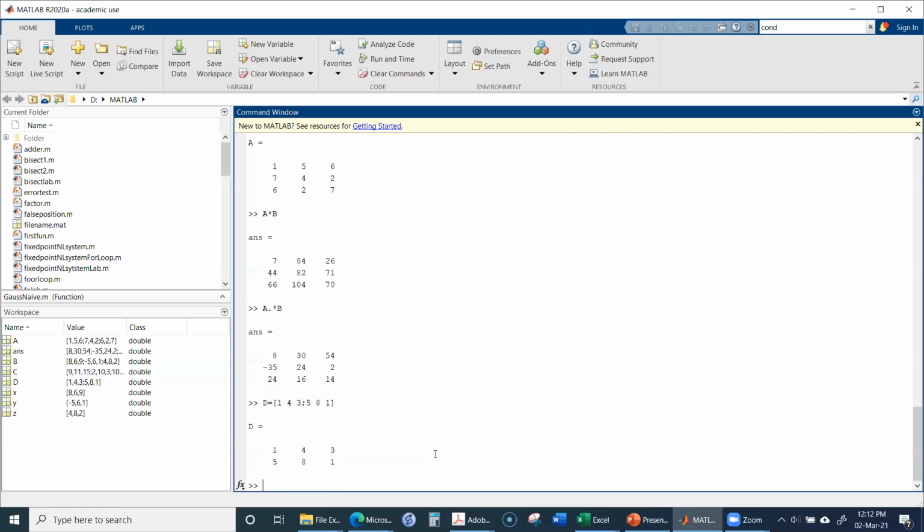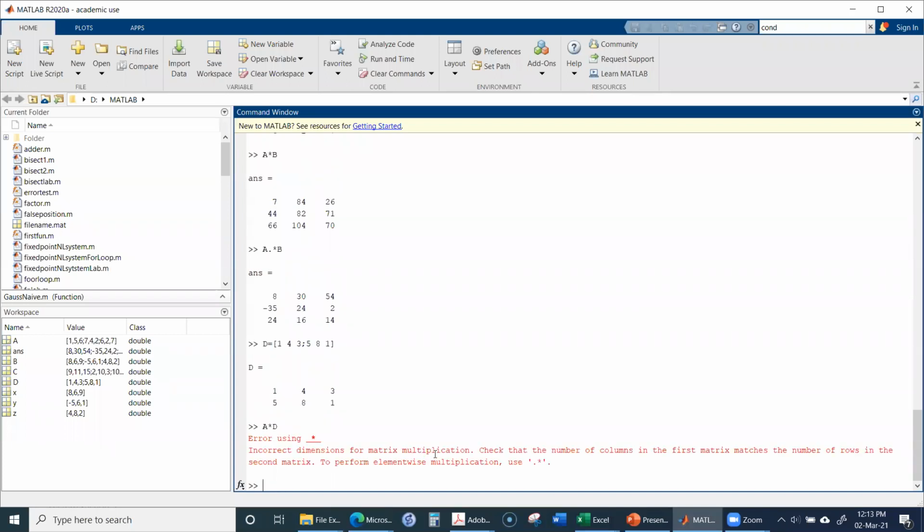If I hit enter, I will get this matrix. But now if I want to multiply A by D, matrix multiplication, A is a 3 row, 3 column matrix, so A has 3 columns, but D has 2 rows only. So this multiplication is not possible. If I try to do it, I will get an error message about incorrect dimensions.